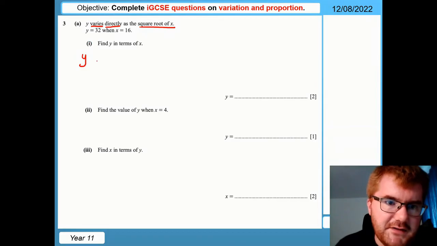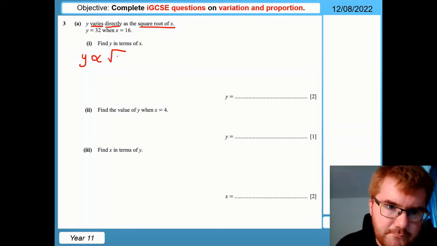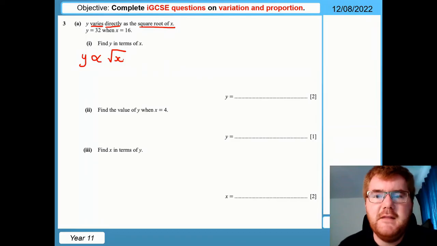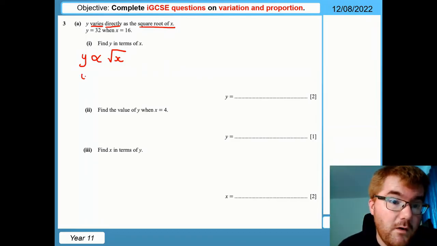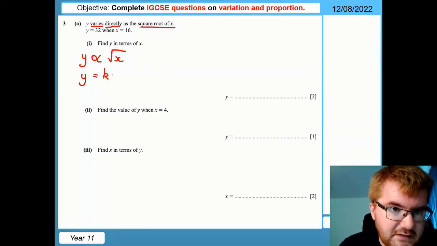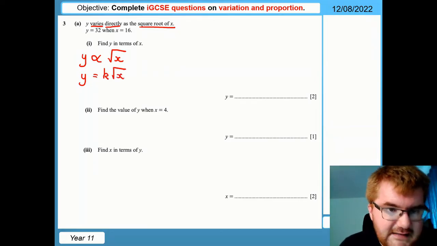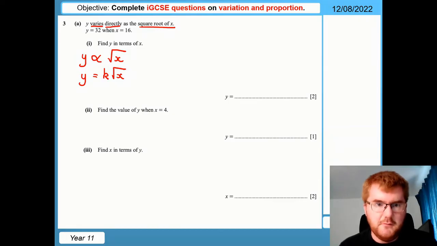Y varies, fish symbol, directly, so no fraction here, as the square root of x. Now we want to translate that into an equation. So we get y equals, don't forget your constant here, so some constant k root x. That is probably the most important part of the entire question. The rest is then some substituting and some equation solving.